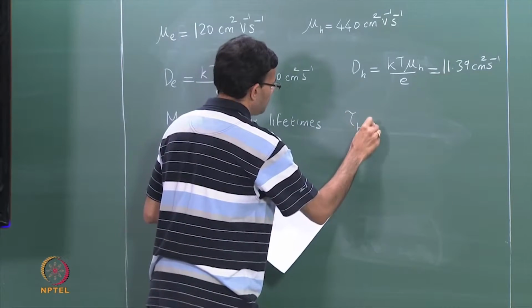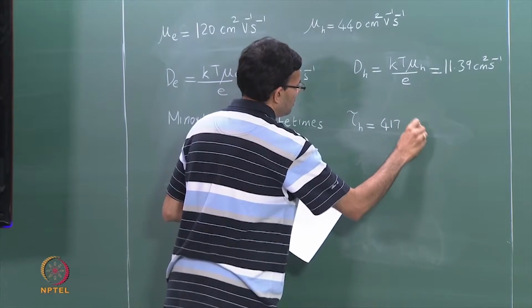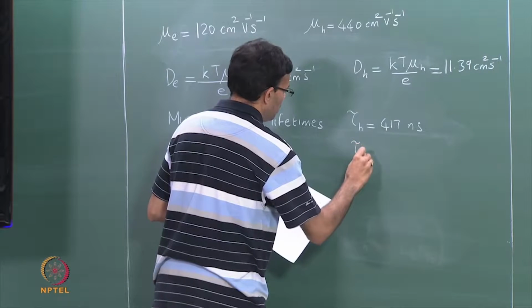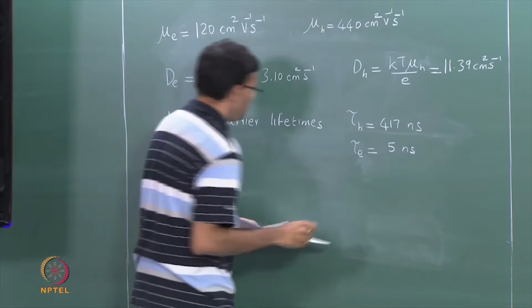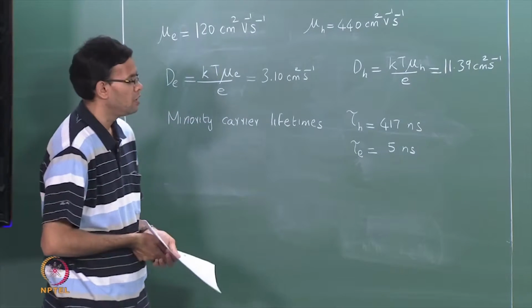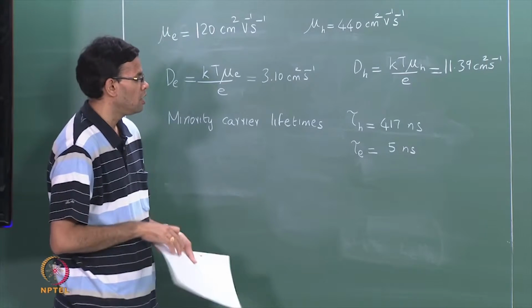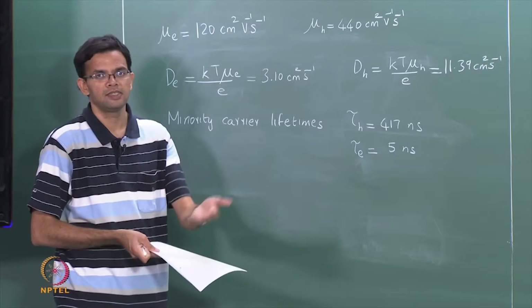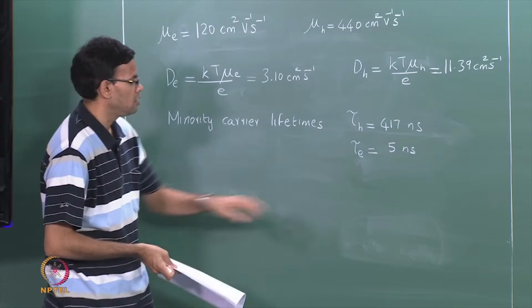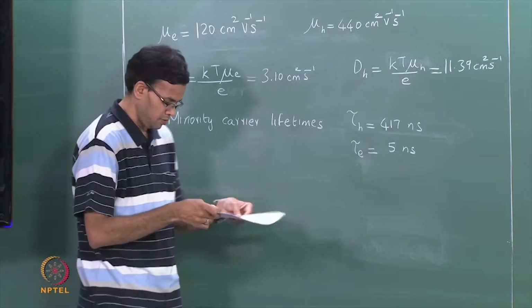Tau h is 417 nanoseconds, tau e to be 5 nanoseconds. So, these are again values that are known. Typically, these will also depend upon the dopant concentration. So, tau h is the lifetime of the holes that are traveling through the n side of the p-n junction. Tau e is for the electrons that are traveling through the p side.